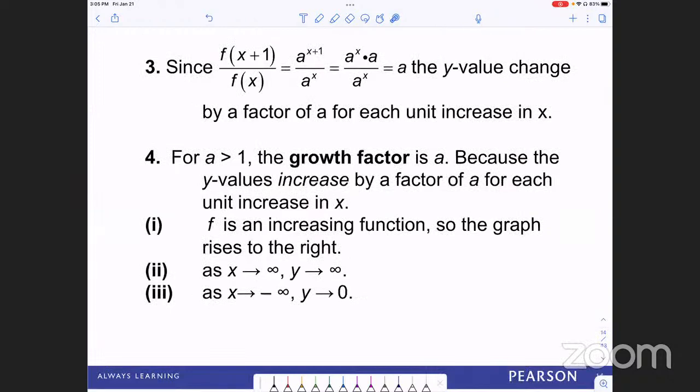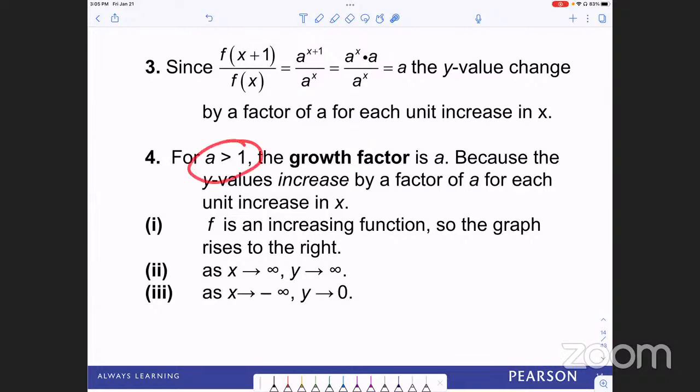Since f of x plus 1 over f of x is a to the power of x plus 1 over a to the power of x, we can rewrite that numerator in this form, and then these cancel, leaving just a. So the y values change by a factor of a for each unit increase in x. Every time x increases by 1, the y value changes by a factor of a.